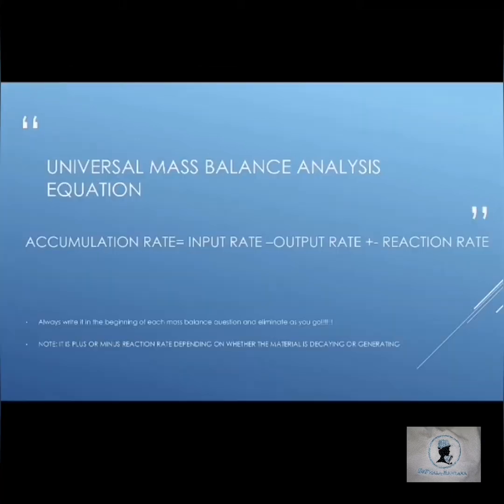So we move on to our universal mass balance analysis equation. Always write this in the beginning of each mass balance equation and eliminate as you go. What do I mean by eliminate as you go? Stick with me, you will see. Accumulation rate is equal to the input rate minus the output rate plus or minus the reaction rate.